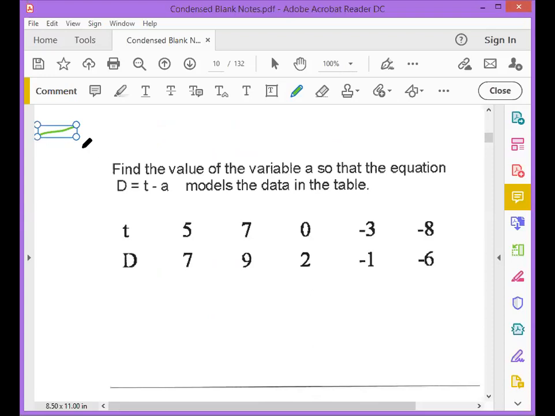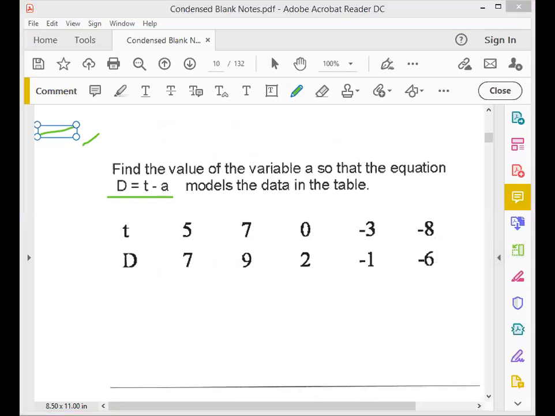Find the value of the variable a so that the equation d equals t minus a models this information below. So we want to use the same method. You want to pick a pair of t and d pairs. So we can choose the 5 and 7, 7 and 9, 0 and 2, 3, -2, 8, -8, -6.